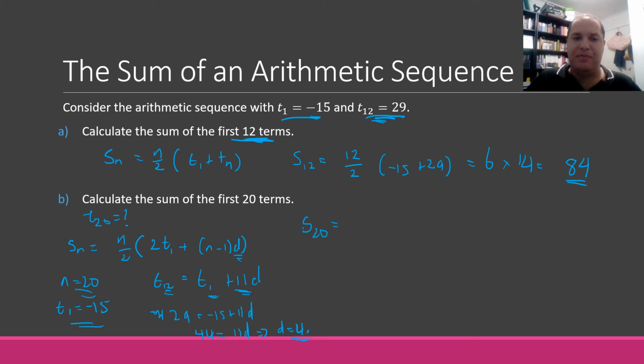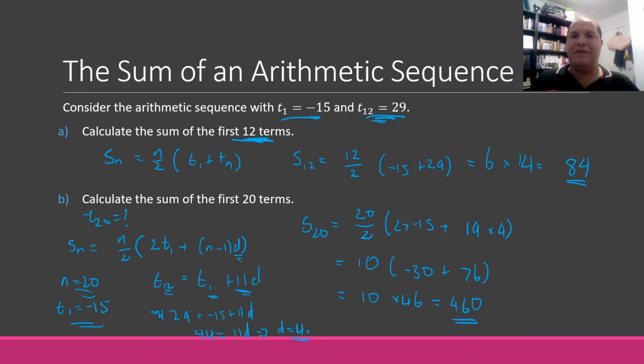So S20 is going to be 20 over 2 times (2 times negative 15, plus (n minus 1), that's just 19, times our common difference, that's 4). 10, then in brackets that'll be negative 30, is 2 times negative 15, 19 times 4, 20 times 4 is 80, take away 4 is 76, so that'll be 10 times 46, which equals 460 as the sum of our first 20 terms.